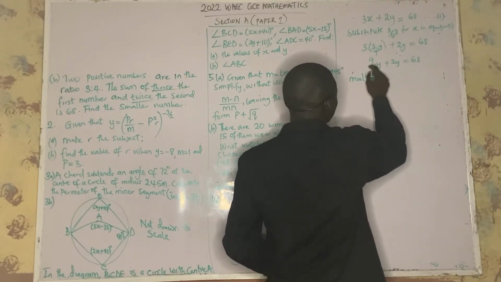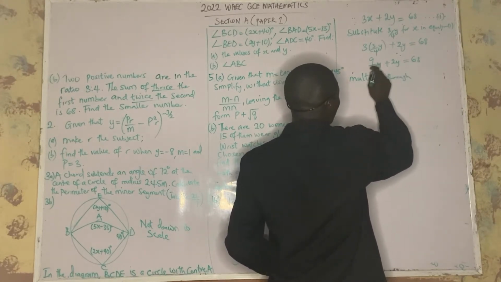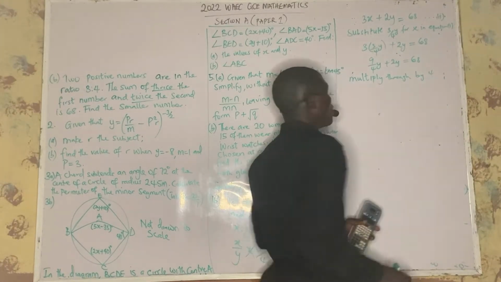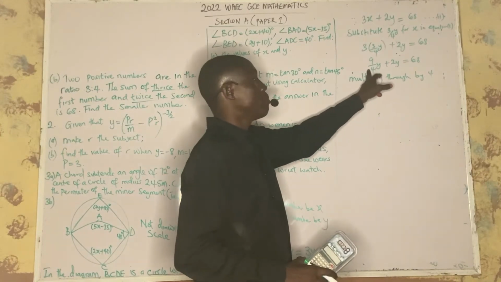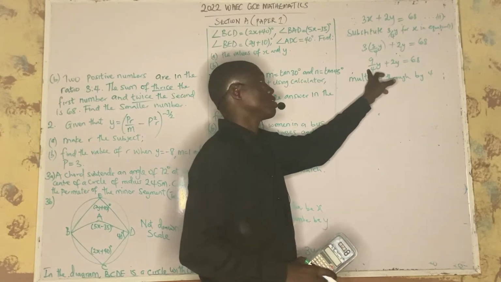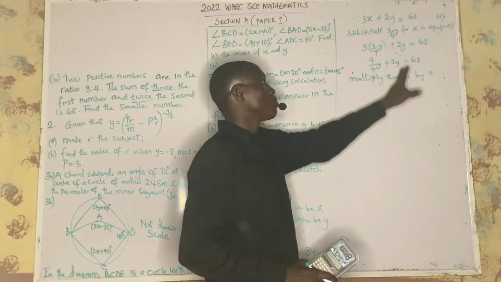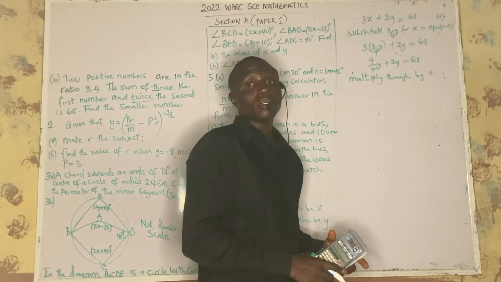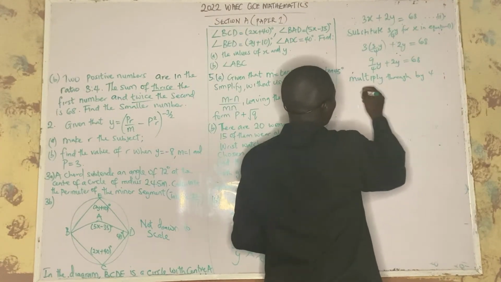Multiply by the LCM, here the only denominator we have, which is 4. Whenever you have only one fraction, you can multiply by the denominator of that fraction. But if there are two, just find the LCM of the denominators and multiply through to eliminate everything that involves fractions.